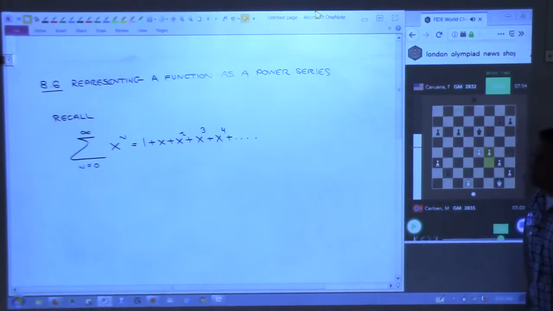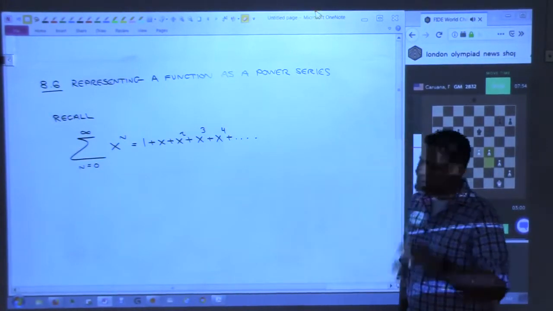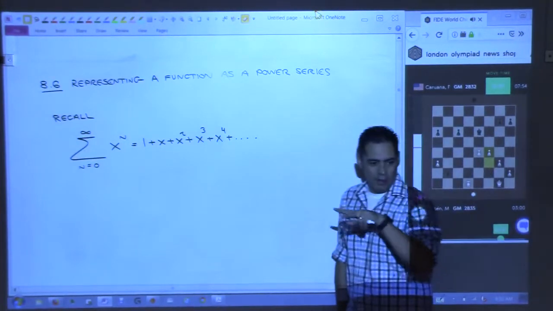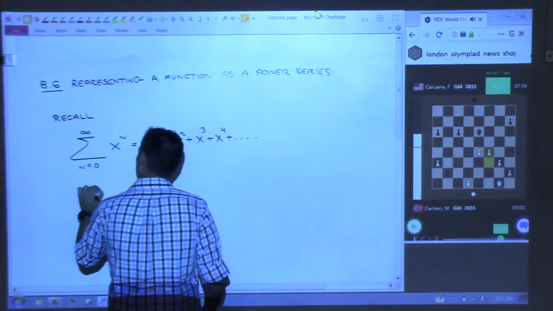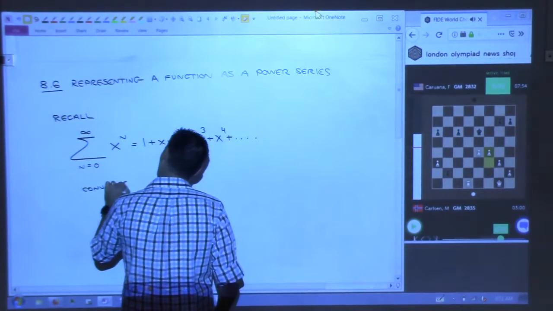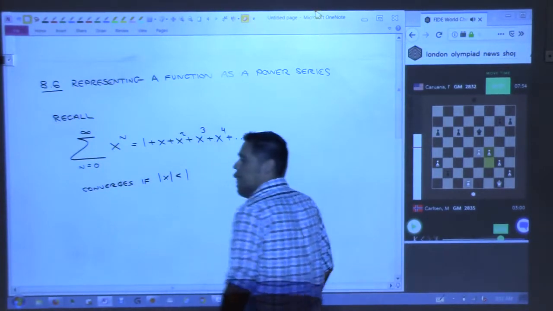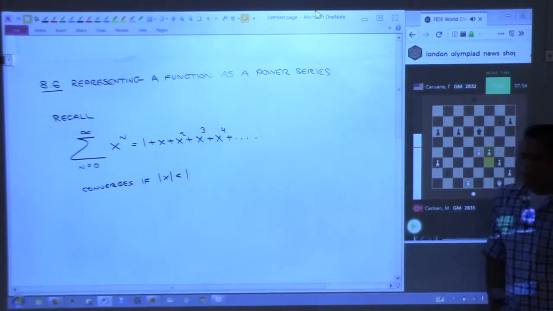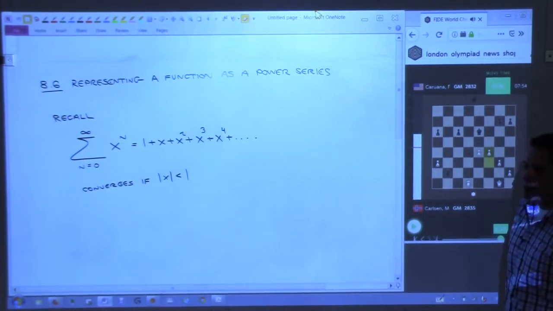It's less than 1. When what's less than 1? Not just x, the absolute value of x. Geometric, right? Yep, this is geometric. That is in your notes, right? It would have been last class.